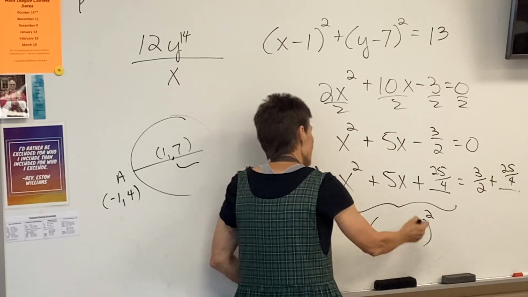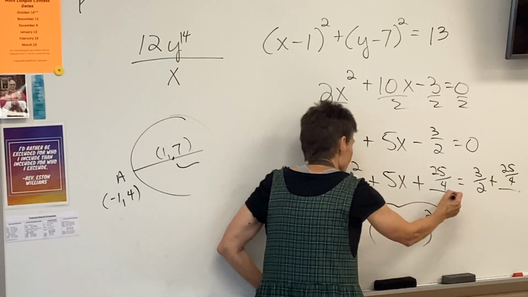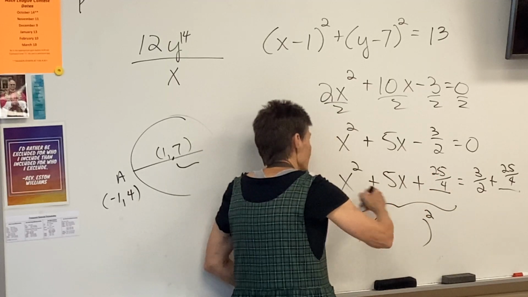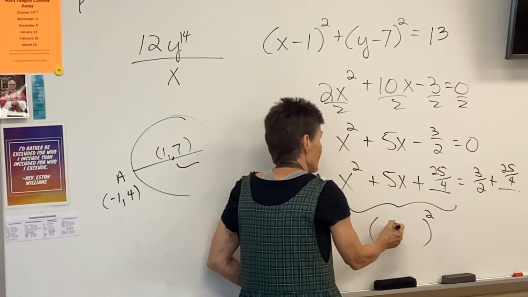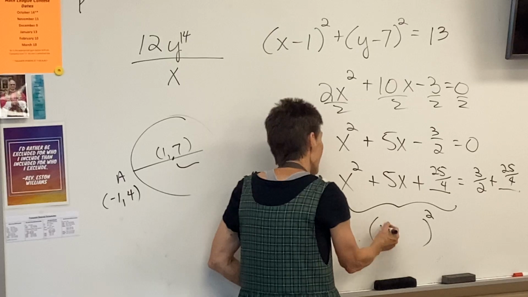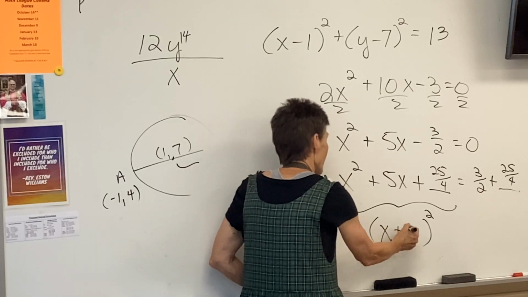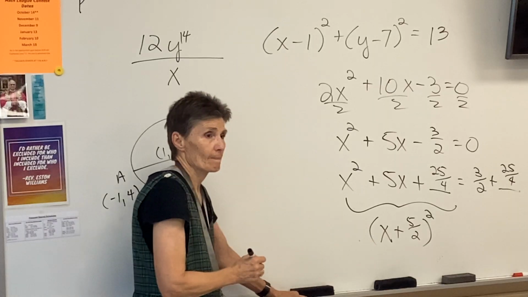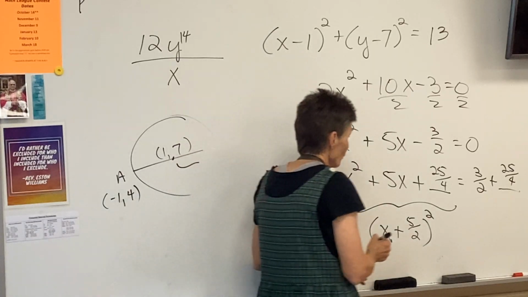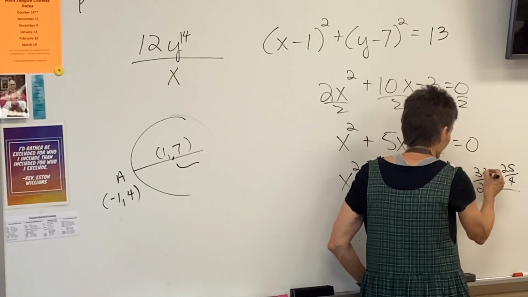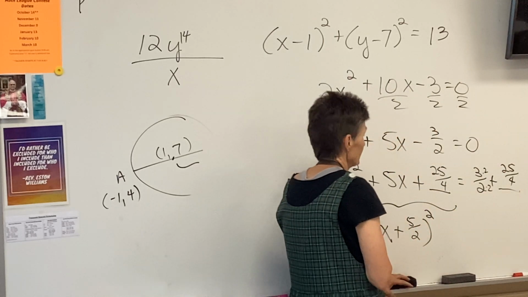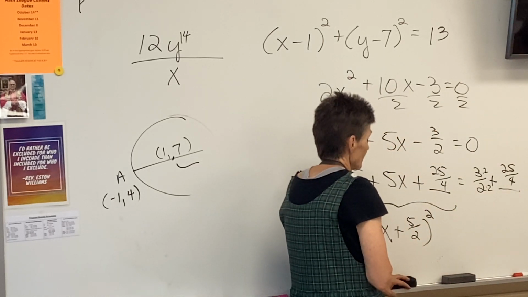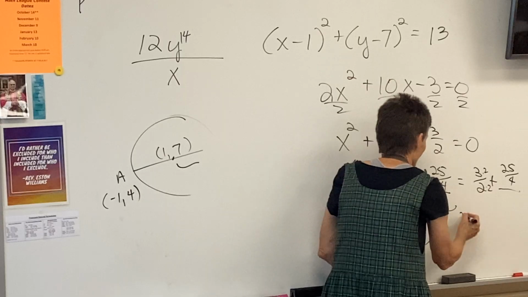Now, perfect, if you factor this thing you just built, what would be inside the parentheses? x plus 5/2. And then over here, that is going to equal 31/4.